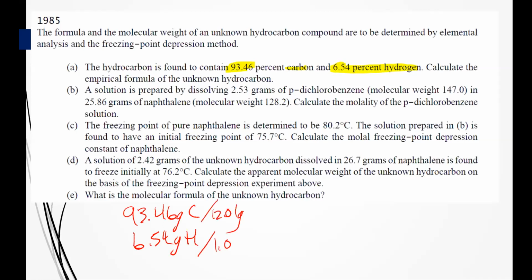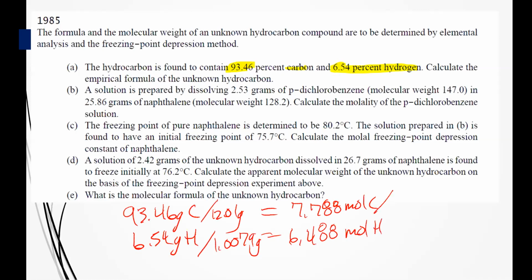I'm going to turn that over into my moles. So 93.46 divided by 12 becomes 7.788 moles. 6.54 divided by 1.00794 becomes 6.488 moles.